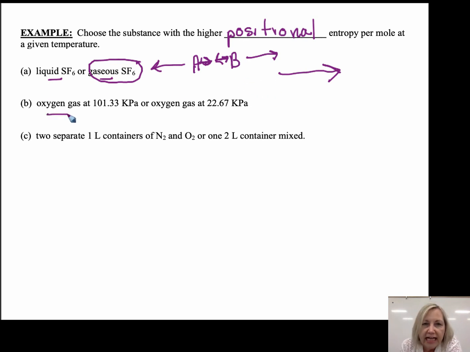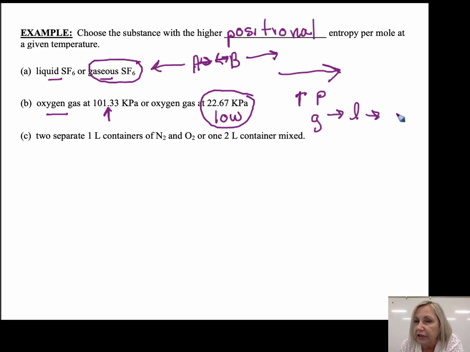Okay, oxygen gas at a high pressure compared to a low pressure. Gases are going to have much more freedom at low pressures. Think of it this way. As you increase pressure, you're ultimately going to go from a gas to a liquid and possibly to a solid, and that's a decrease in entropy.